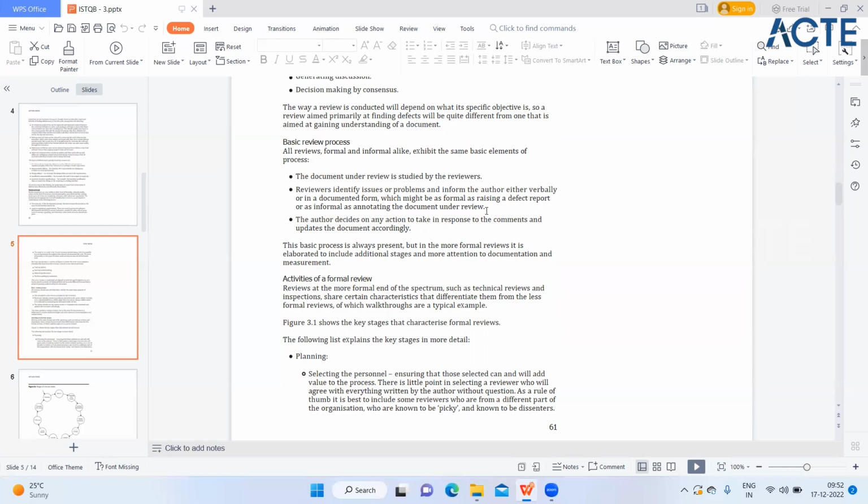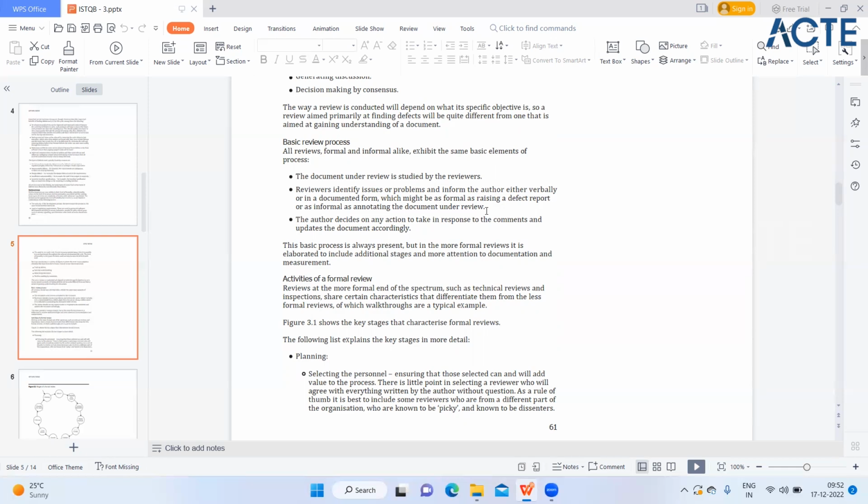So what they are saying is, in the review process there is one person whom we call the author. The author is the main person who is conducting the review and to whom we have to report everything.